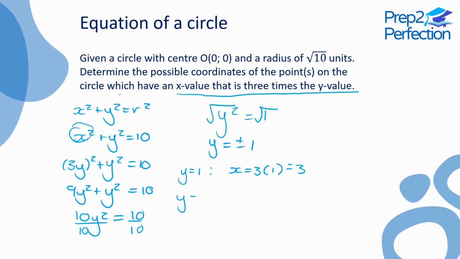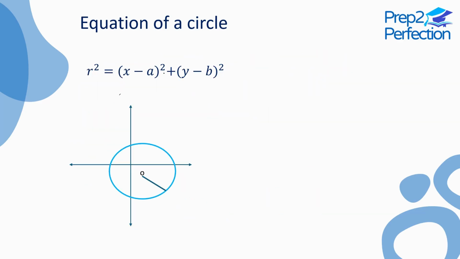If y is equal to -1, then x is equal to 3 times -1, which gives us -3. So therefore, our coordinates are (3, 1) and (-3, -1).